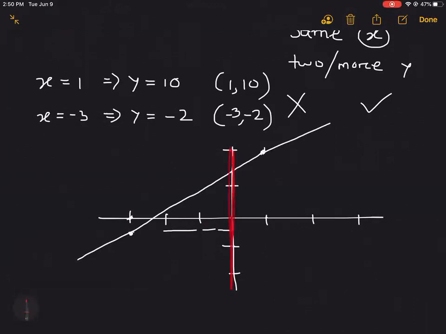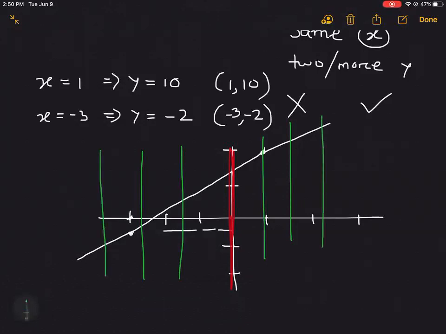If we draw a parallel line to the y-axis anywhere on the graph, and if we don't get more than one point where the line intersects that parallel line, we'll say that is a function.